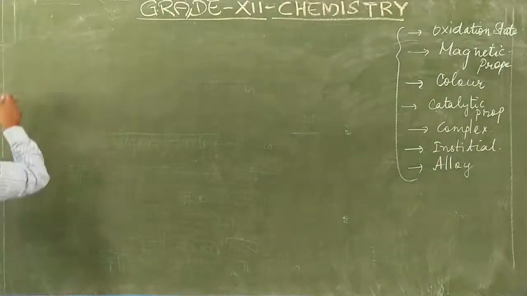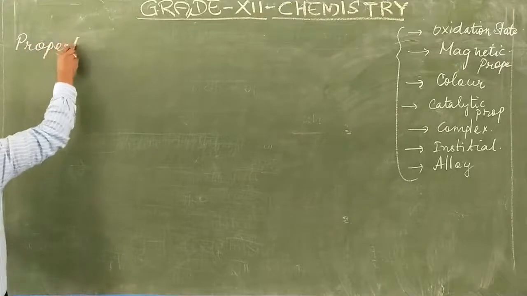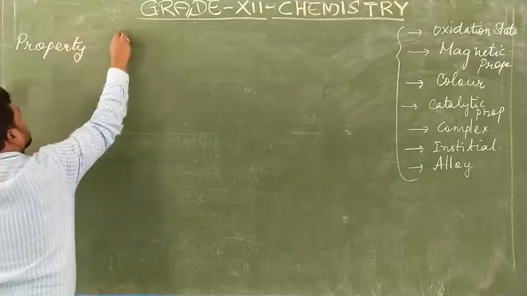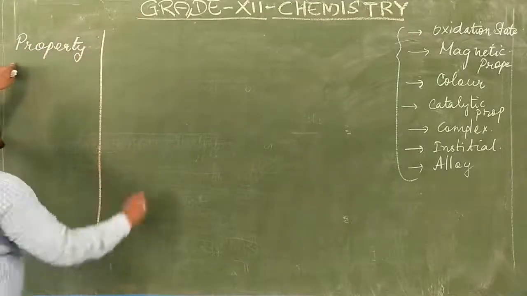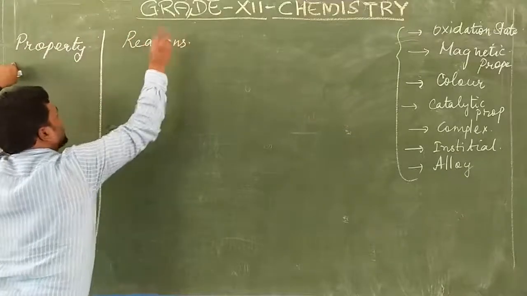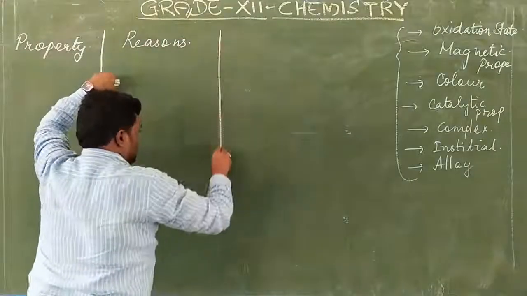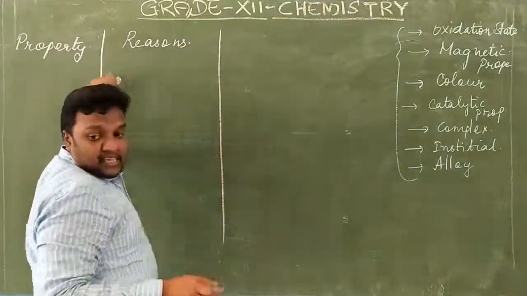First we have to study the property. Then next to that, the reasons for the property. For the reasons we have to give the explanation.